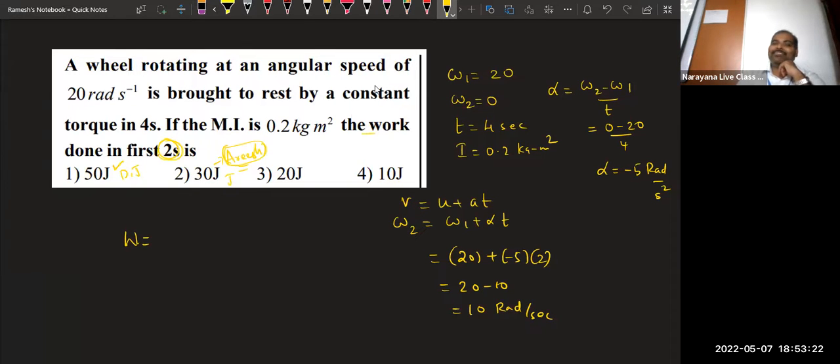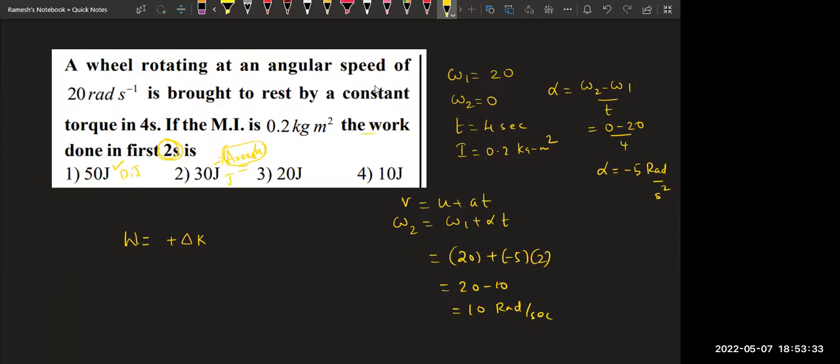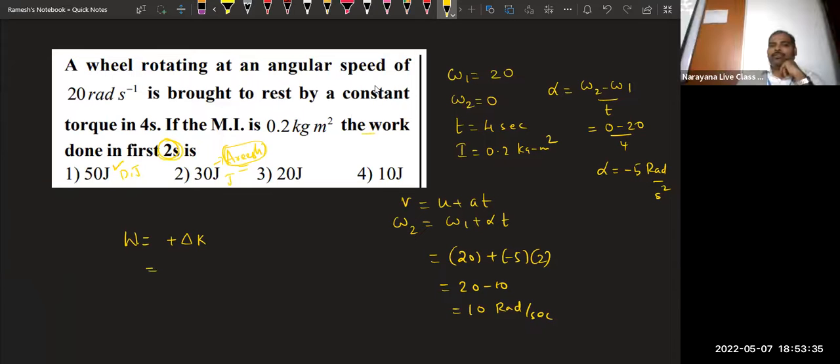Work done equals how much? So increment in kinetic energy. We have to find the work done. So final kinetic energy minus initial kinetic energy. Half I omega 2 square minus half I omega 1 square.